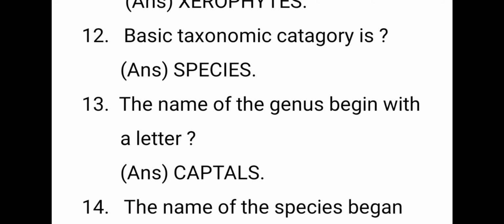The basic taxonomic category is species. In taxonomy, the nomenclature is binomial, so two words we have to use: one is the genus and another is the species. The genus is the first word and the species is the second word.